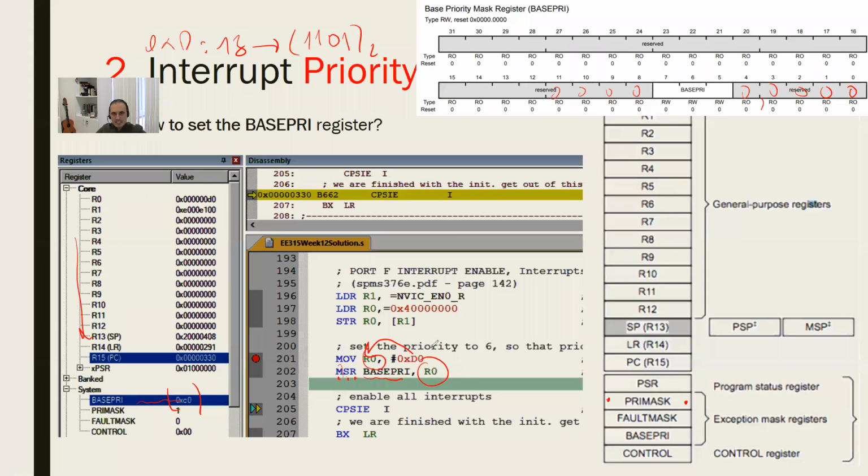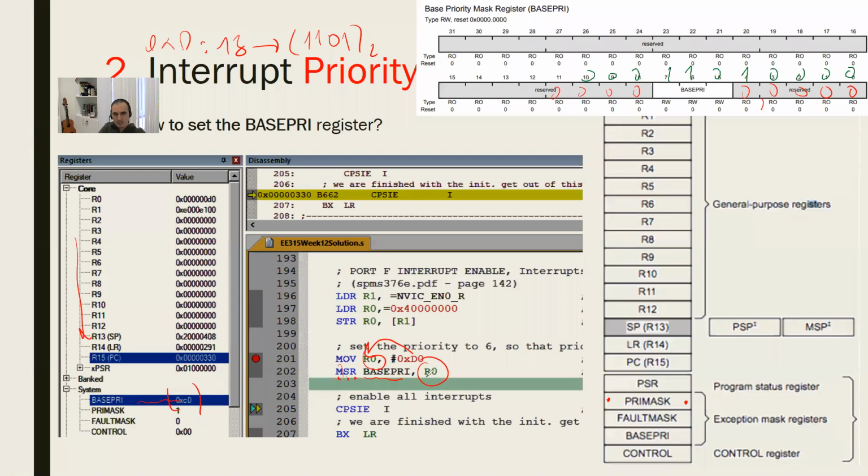If this is 0D, I'll be trying to write 0, 0, 0, 0, then 1, 1, 0, 1, and zeros, of course.